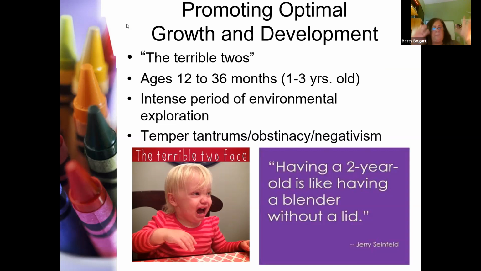And they're playing with it and things in the air and pushing things, and their muscles are getting stronger, they're getting more coordinated, their eyes are seeing better, and they have all this depth perception, and they're saying no, no, no. Mine, mine, mine. And I love this saying, having a 2-year-old is like having a blender without a lid. You really have to follow these children around because they are into everything.